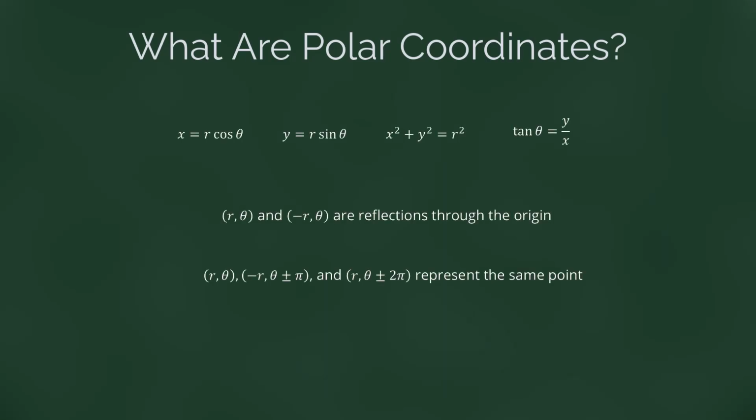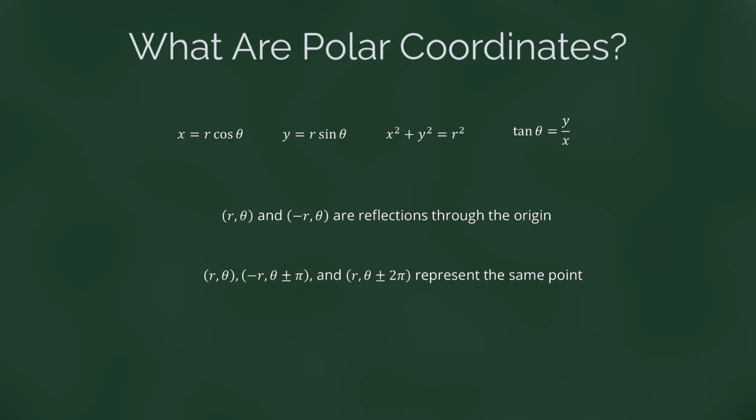So summing all that up, we can identify a point in a plane as either (x, y), using its vertical and horizontal distances, or as the point (r, theta), where r and theta represent a length of a segment and an angle. And the relationship between those two are given by the following. x is equal to r cosine theta, y is equal to r sine theta, x squared plus y squared equals r squared, and the tangent of theta is equal to y over x.